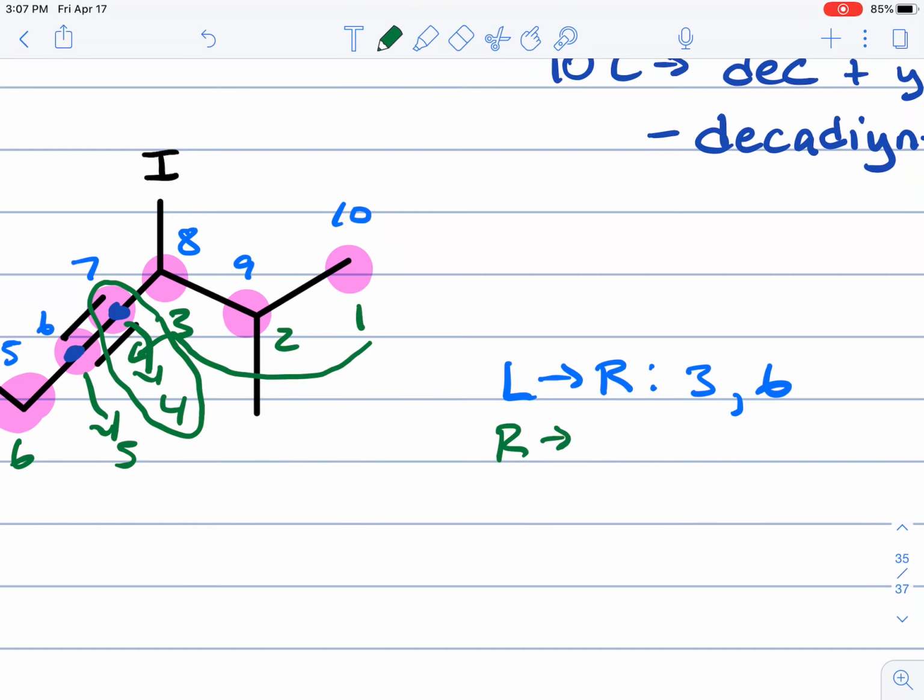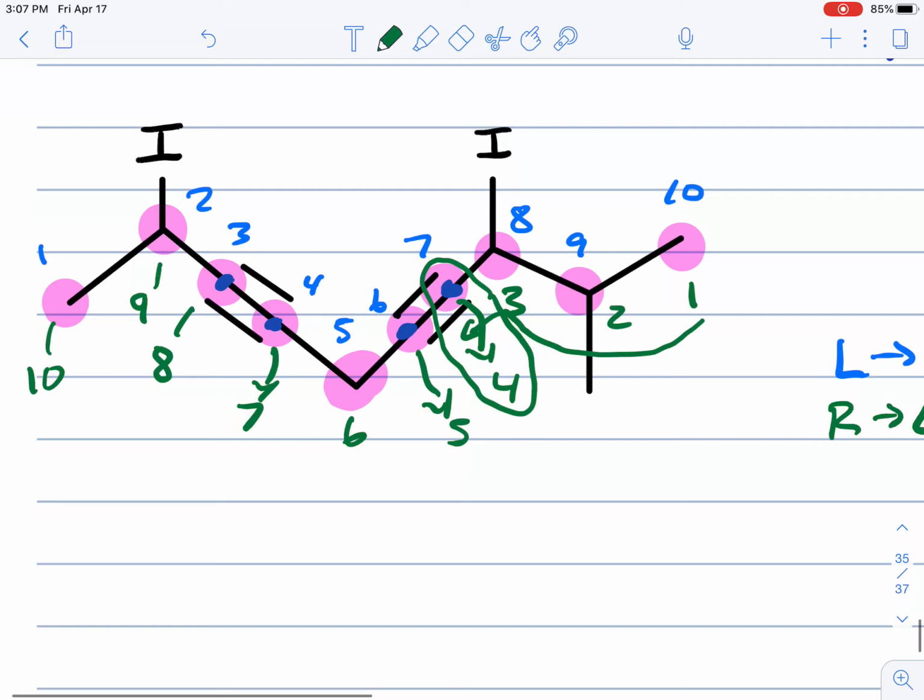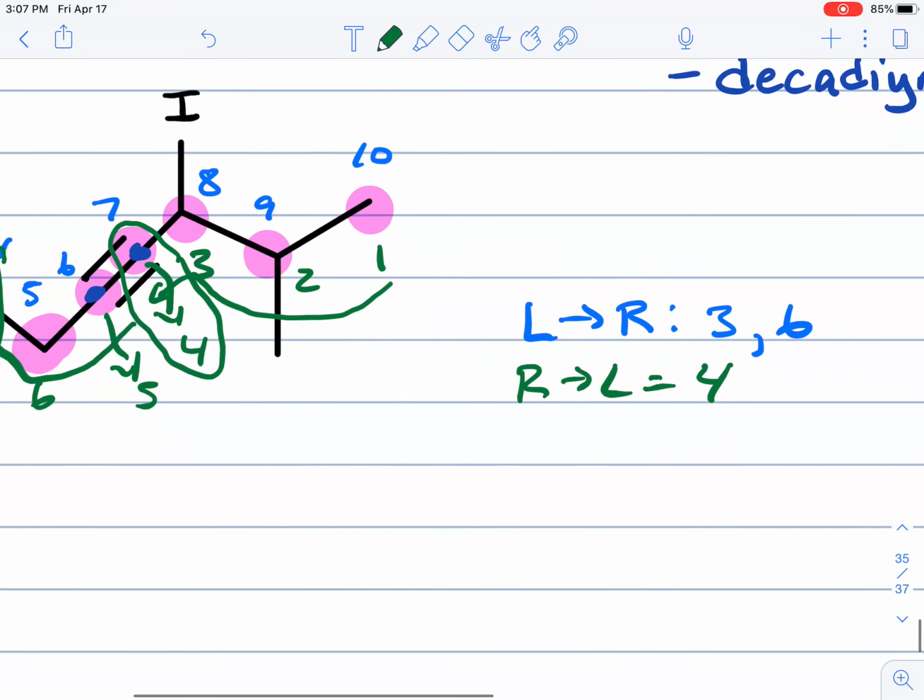So right to left, my triple bond starts at 4 and ends at 5. I'm going to continue, and when I hit 7, I get another carbon with a triple bond.